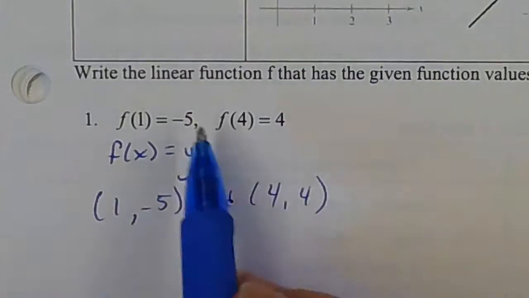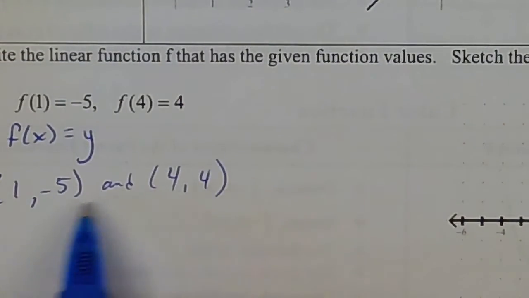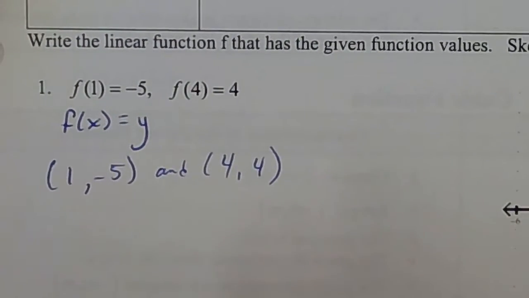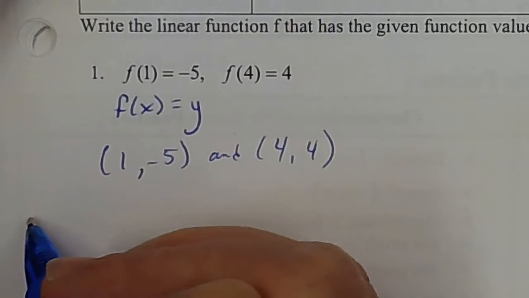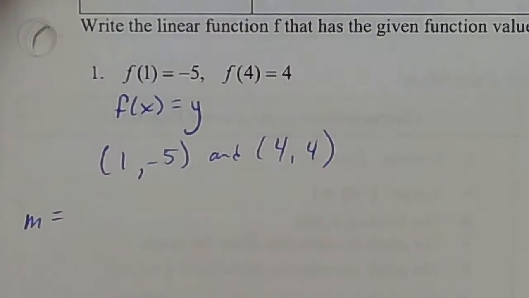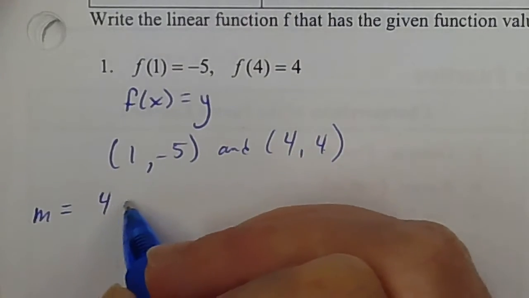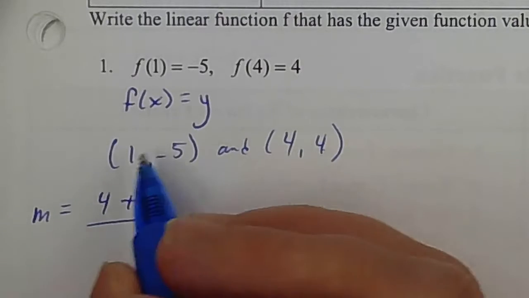Okay, so we're going to write the linear function that has these given function values right here in these ordered pairs. So it's just presented a little bit differently, but we've done these skills before. It's on your last test, right? To write an equation of a line now, we're going to want to find the slope. So 4 minus a -5, so we're going to have to do +5, and then 4 minus 1.